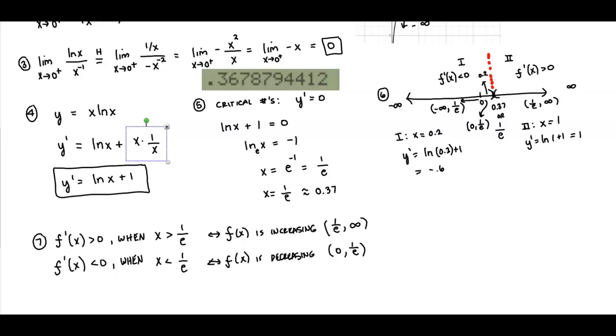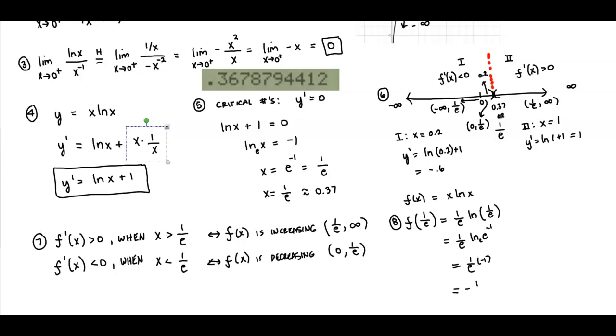Okay, so now let's find out what happens when we plug in f of 1 over e. So if we plug that into our regular function, which is f of x equals x times the natural log of x, we get 1 over e times the natural log of 1 over e. And remember that 1 over e is the same thing as e to the negative 1. So that means that we get 1 over e times negative 1.